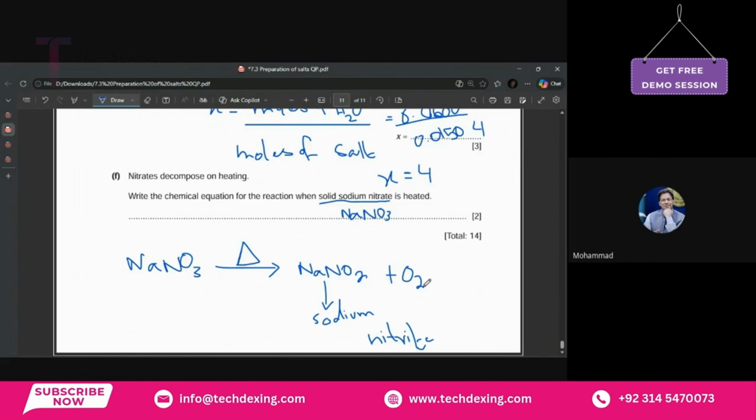There will be two sodium nitrate and two sodium nitrite. And what about the state symbols? Solid, solid and gas. Very good. Which type of reaction is this? Thermal decomposition. Very good, excellent. This is a thermal decomposition.